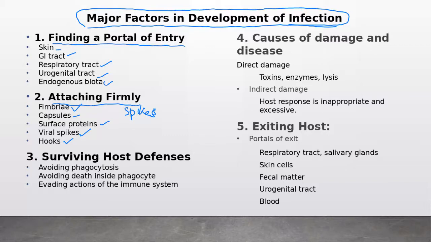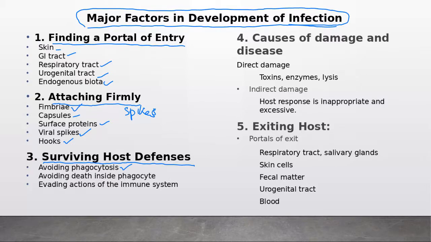And after they attach to that site or the cell, they have to be able to survive against the host defense mechanism. Some bacteria, for example, have a capsule that makes them able to avoid phagocytosis, killing by the white blood cells.